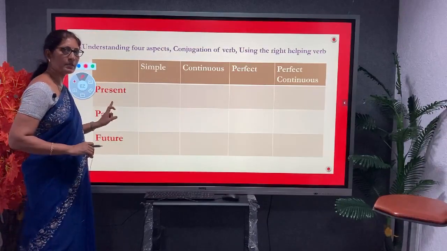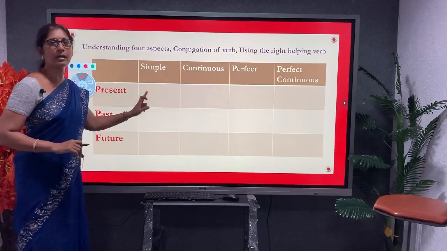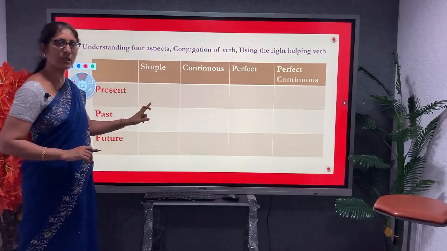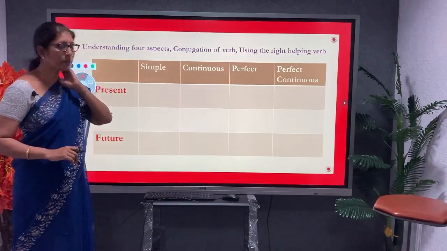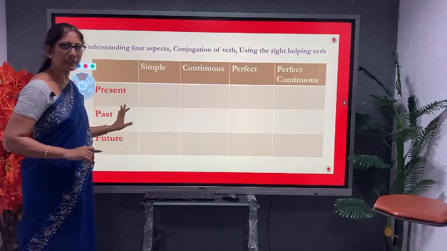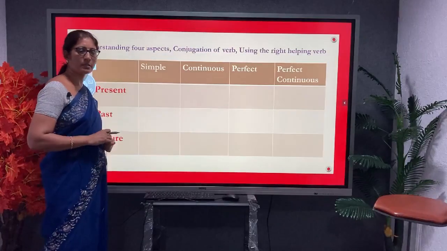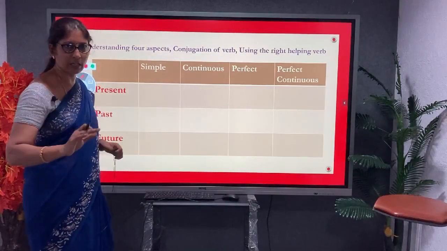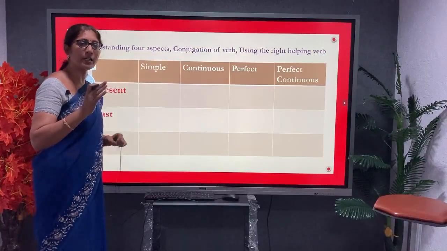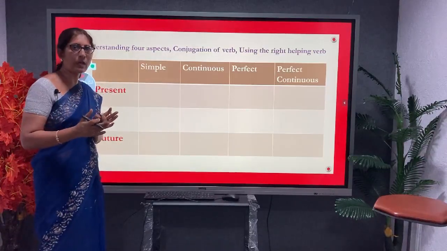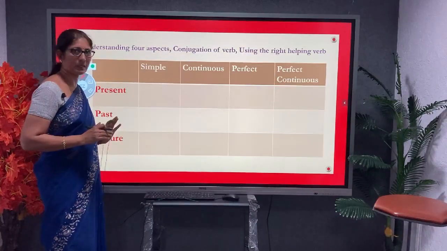Simple present means we use it for regular actions or habits, universal rules, because they never change, okay. That's why we use simple present tense. What is simple? Remember that simple present tense means what we do regularly, or what habits we have, or what can't be changed, or what is true always, okay. That will be represented with simple present tense, okay.